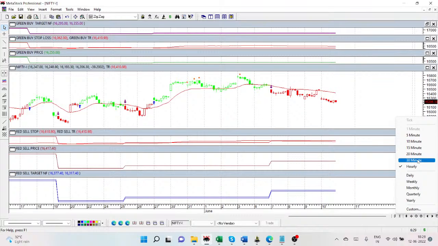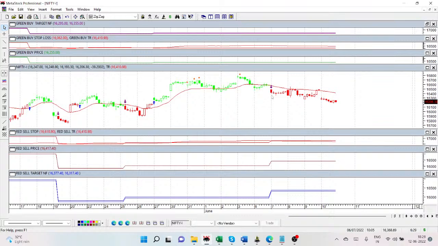It's not feasible to have a rolling position with that. At least in hourly, you can have a few days straight. I can see this signal has lasted for 3 days. This green one obviously will not be a participant, but counting 1 2 3 4 5 6 days. Okay, so at least you have that.